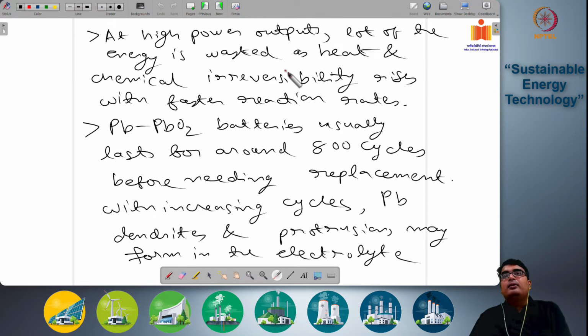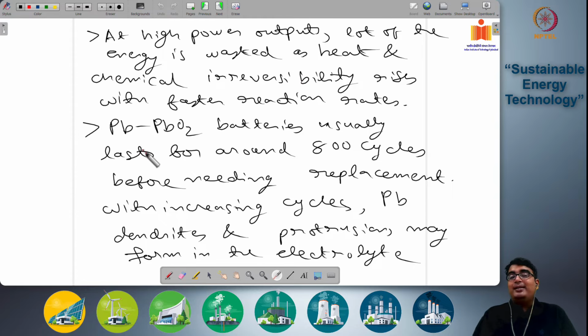So the irreversibilities associated with the reaction process through heat losses, leakage, etc. are going to increase. As the reaction rates increase, as is needed at high power delivery rates, the reactions become less thermodynamically efficient, and hence the energy storage capacity per unit kg of the material decreases. A lot of that power loss is basically wasted as heat and chemical irreversibilities.